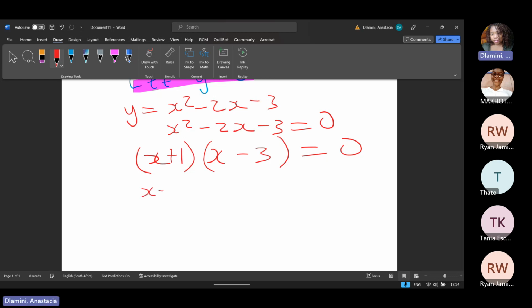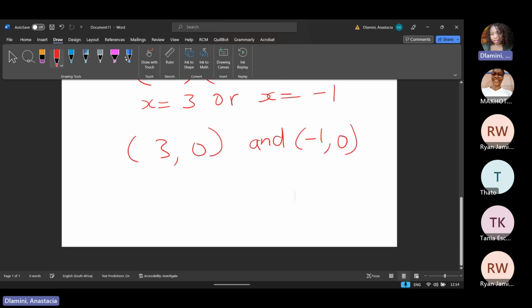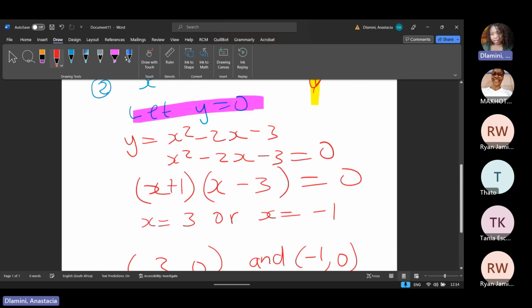So it means x is equal to 3 or x is equal to -1, meaning the x-intercepts will be 3 and 0, and -1 and 0. Okay, we have our y-intercept and we have our x-intercept.